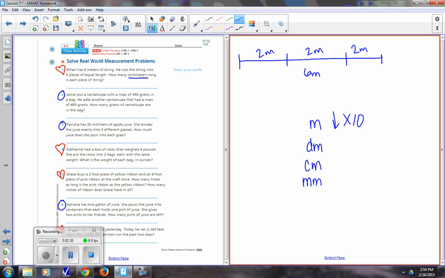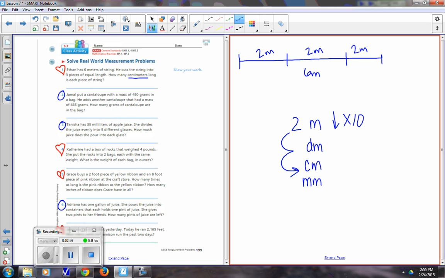So every time you multiply by 10, you add another 0. Very good. So in this case, you're going to move down. You're at 2 meters, and you need to know how many centimeters.